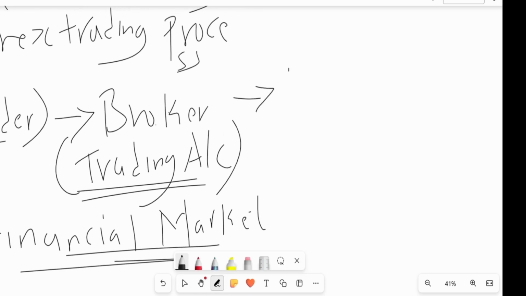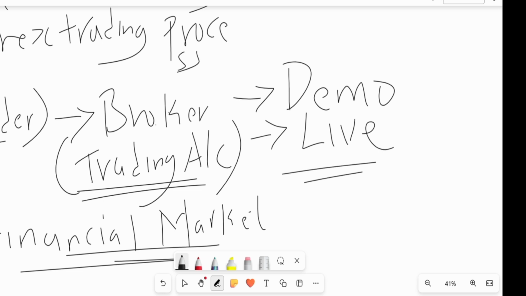You need to open a demo if you are new to trading, or a live account if you are already a well-established trader. If you have issues with opening your account, whether demo or live, you can send me a direct message on my Telegram so that I can guide you through.